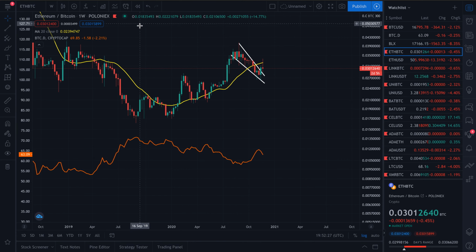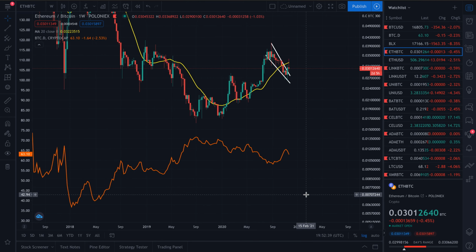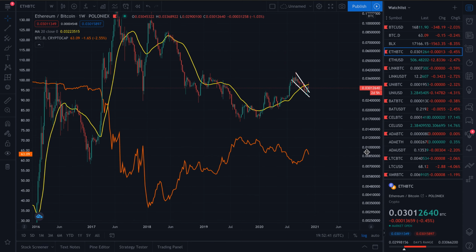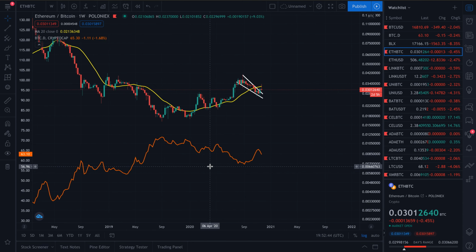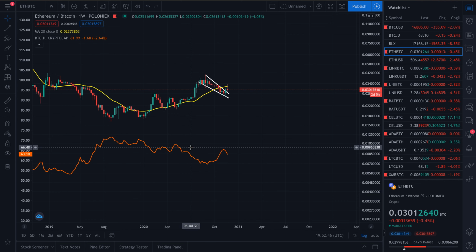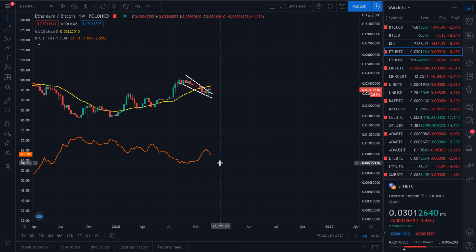As we saw when we compared Bitcoin dominance to the dollar against Bitcoin, as well as when we look at Ethereum against the Bitcoin dominance chart, we see this macro divergence. I think it's very helpful to visualize the two charts together in front of you rather than flipping back and forth.